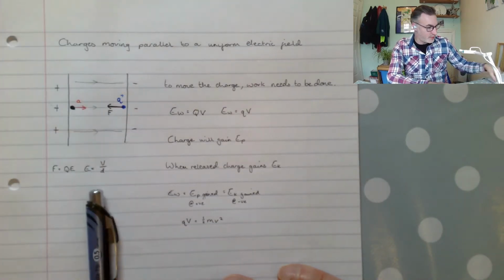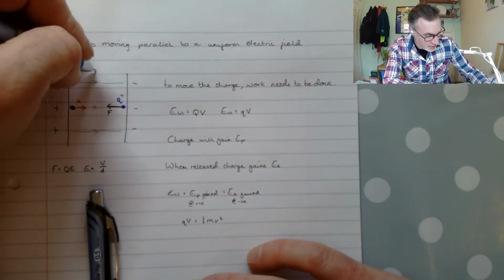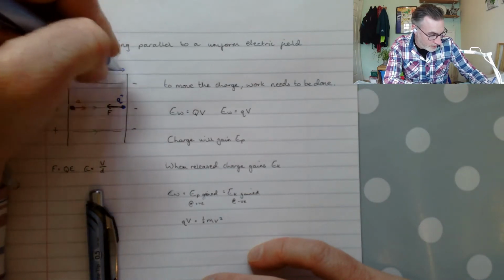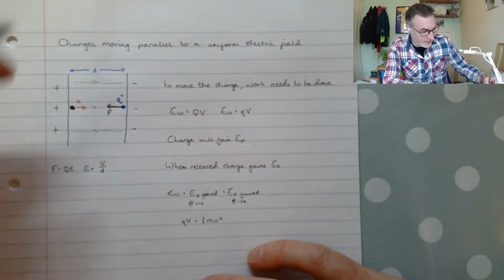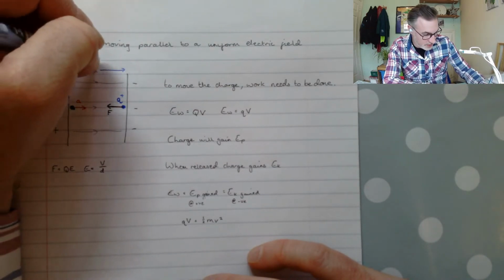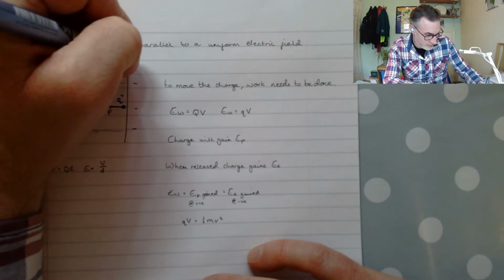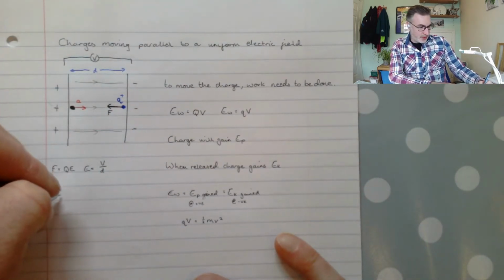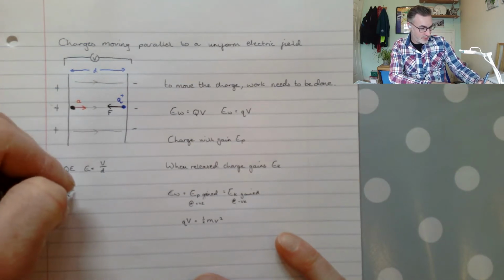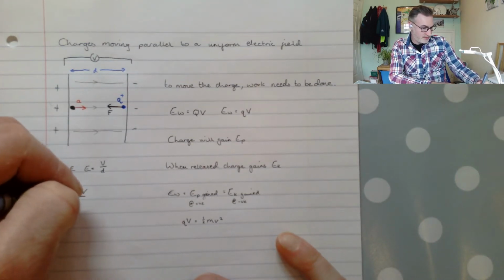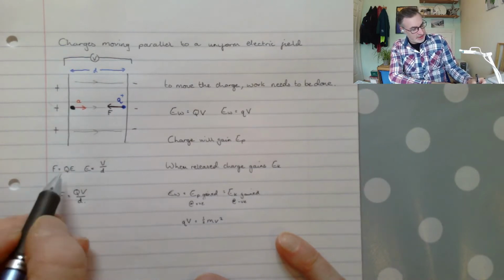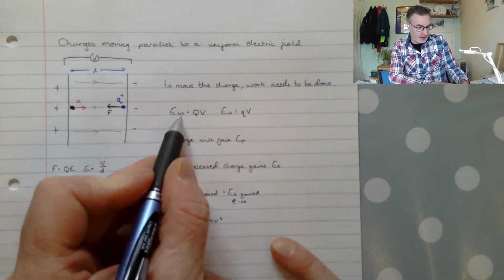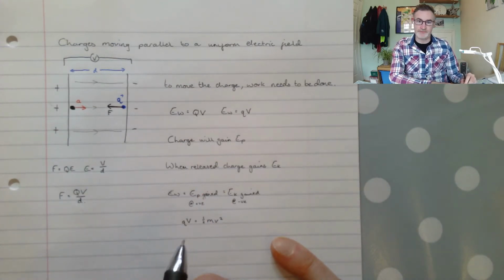So the distance here would be the plate separation, and we would have the voltage across that as well. Putting this all together, we would have force is equal to QV over d, which then takes us fully back round to force times distance for the work done in the QV.